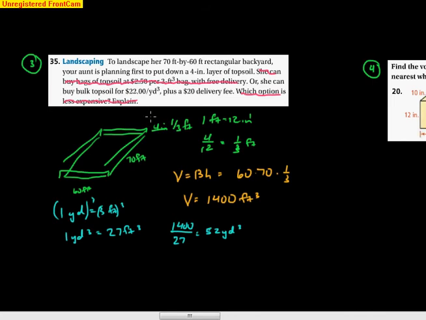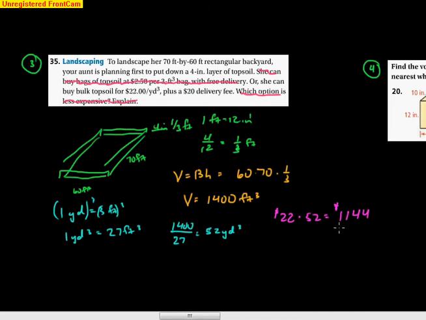Now, if every yard cubed costs $22 and I have 52 of them, I'm simply going to multiply these two together. So to get my final answer, I take the $22 per yard and multiply it by my 52 yards, and I get $1,144.